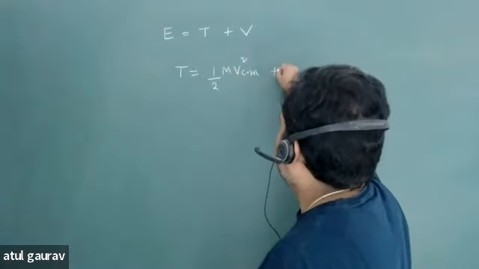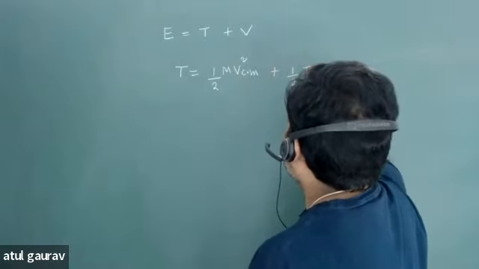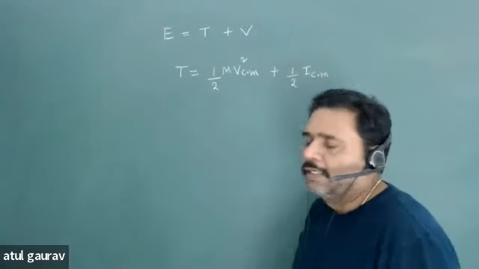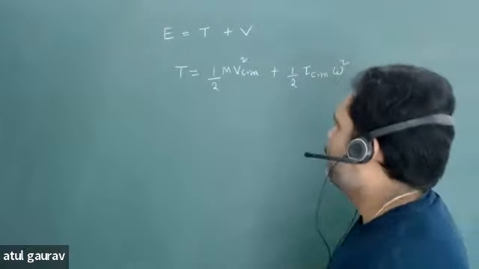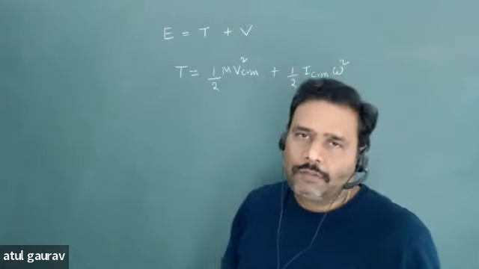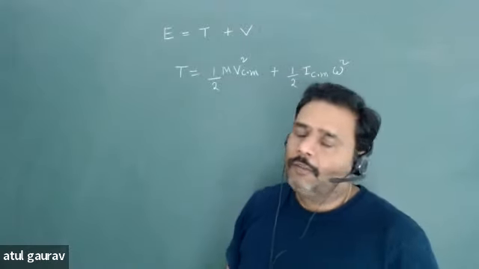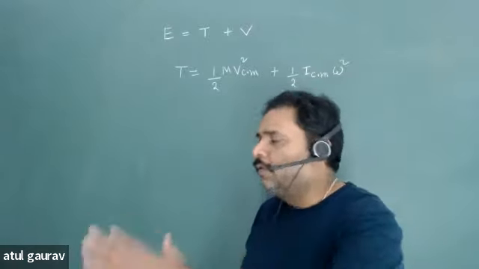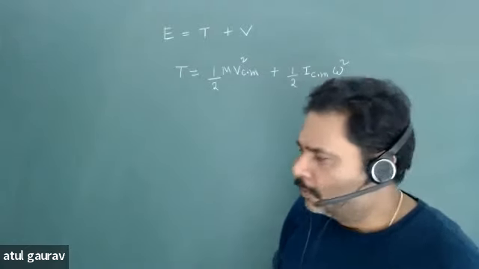And then you have to go for half ICM, and ICM is the moment of inertia about center of mass, into omega square. So this is a very general way to solve the problem. If you follow this expression, your solution will never be wrong, and you can just go in a straightforward manner.